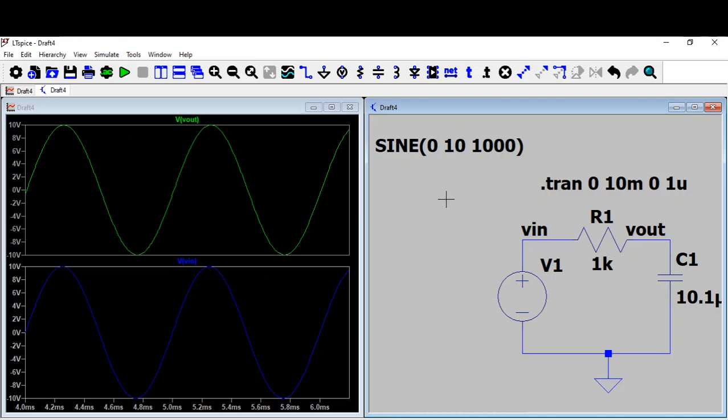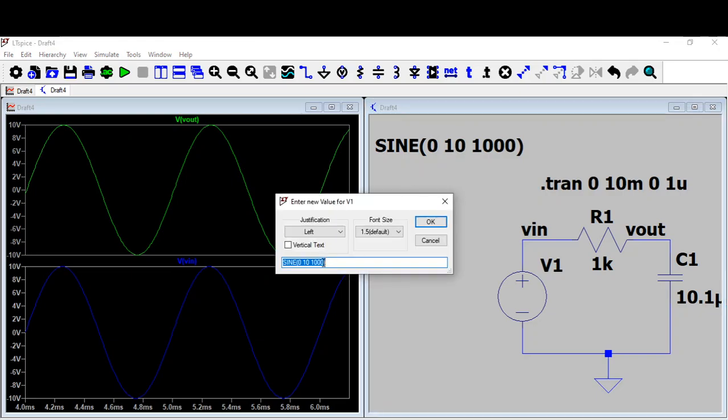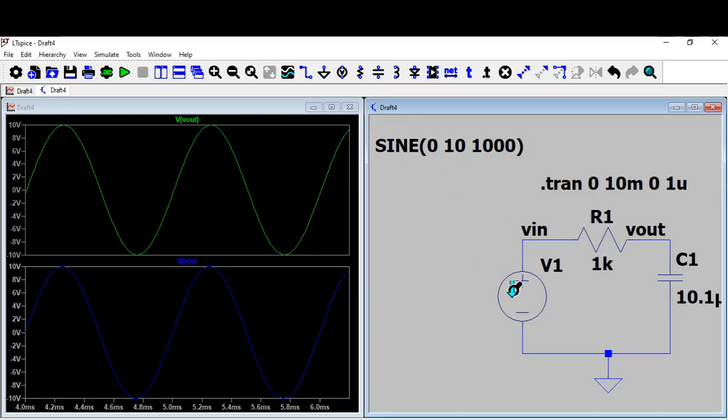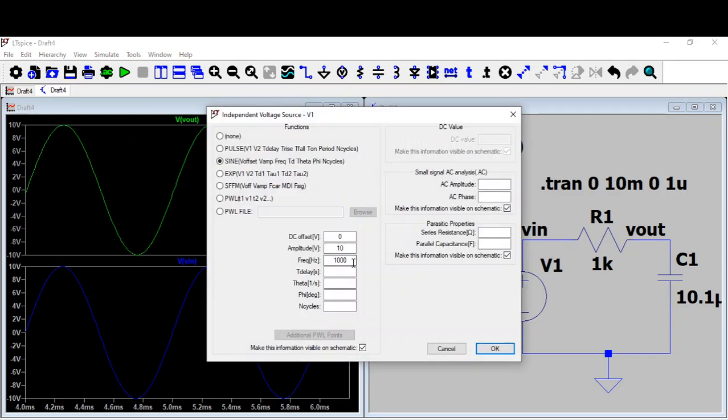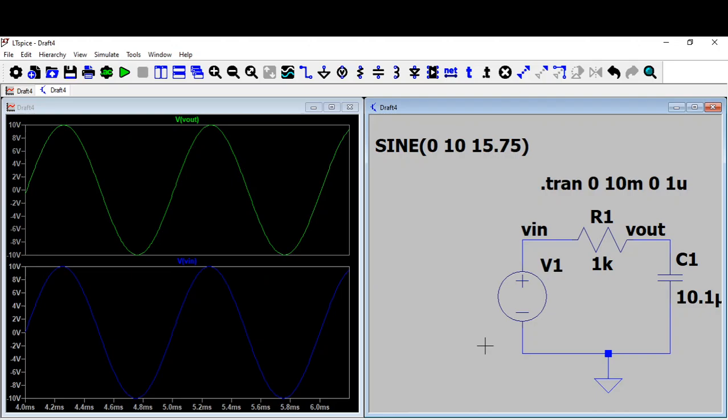Since we already found it as 15.75 hertz, let me make the frequency 15.75 hertz. With an input magnitude of 10, if I run, the output will be 1 over root 2 times the input. What is 1 over root 2? It is 0.707 times 10, which is 7.07.